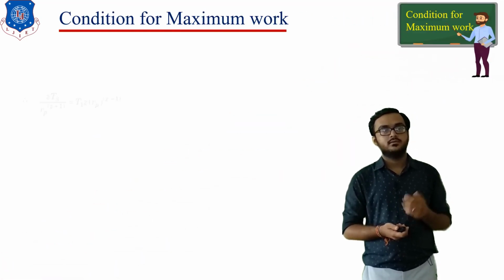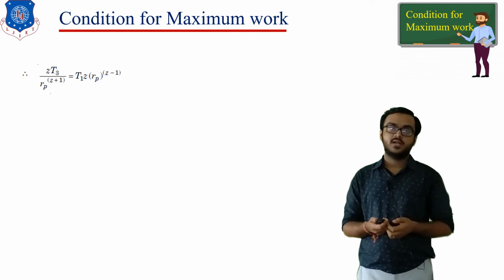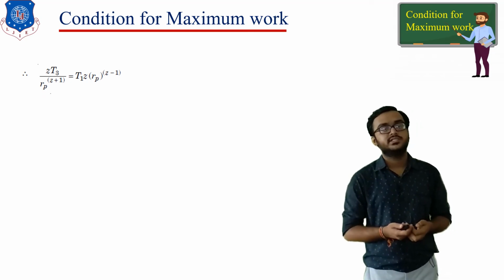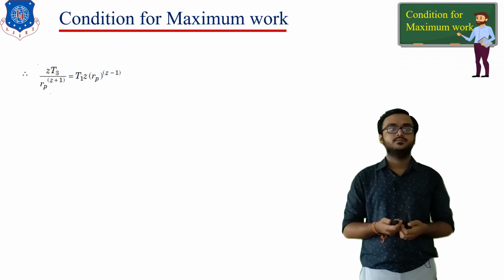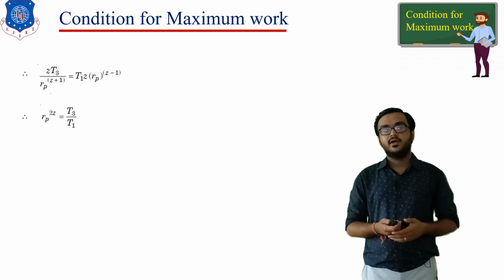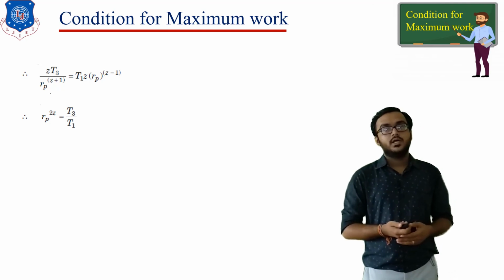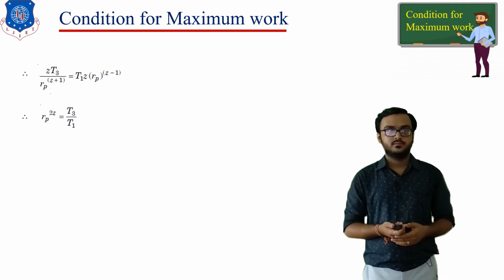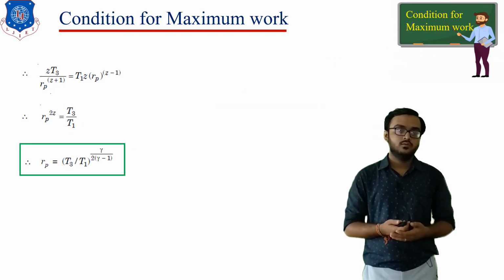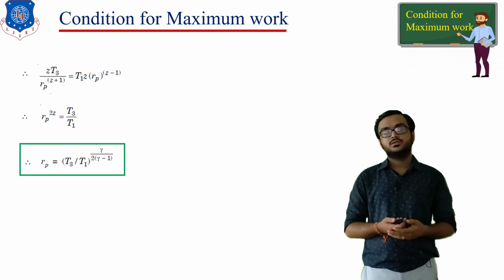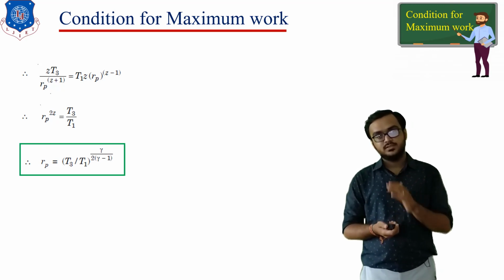You will get the expression like this: Z T3 divided by Rp raised to (Z plus 1) is equal to T1 Z multiplied by Rp raised to (Z minus 1). Again simplify, and you will get Rp raised to 2 times Z equal to T3 by T1. Now further simplify, and you will get Rp equal to (T3 by T1) raised to gamma upon 2 times (gamma minus 1).